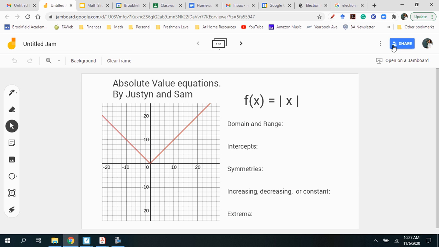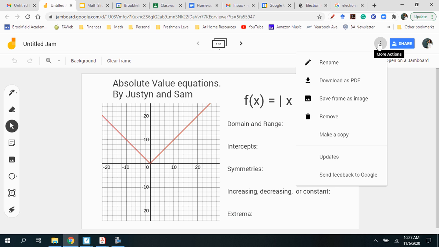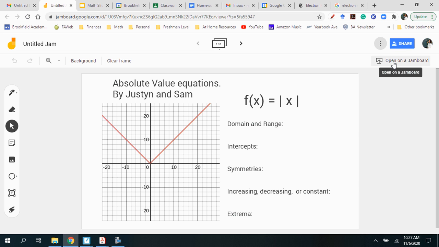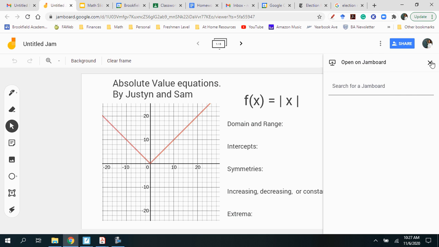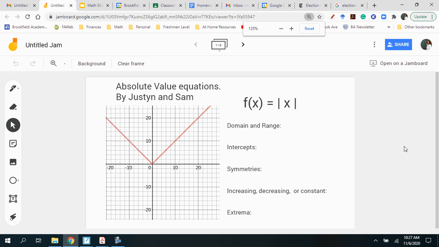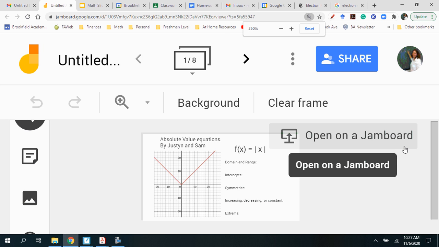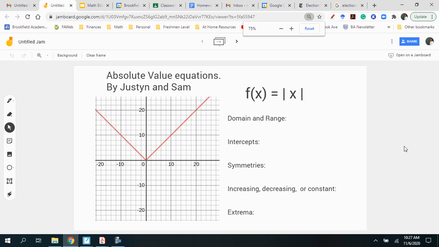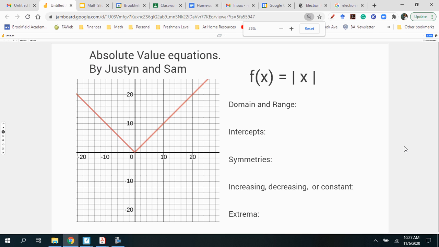Let's see. I think this might be as good as it gets. Oh, hang on. Let me try. Oh, it's getting smaller. Weird. Okay. There we go. Okay.